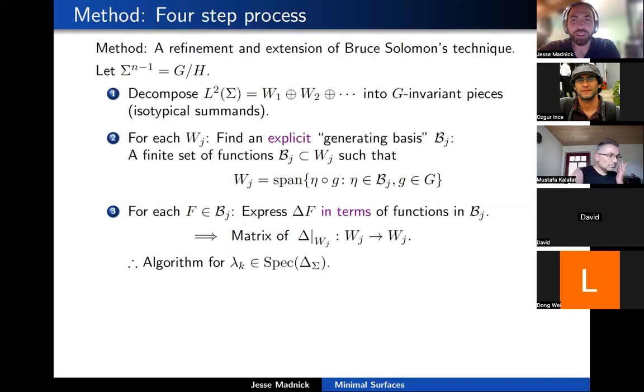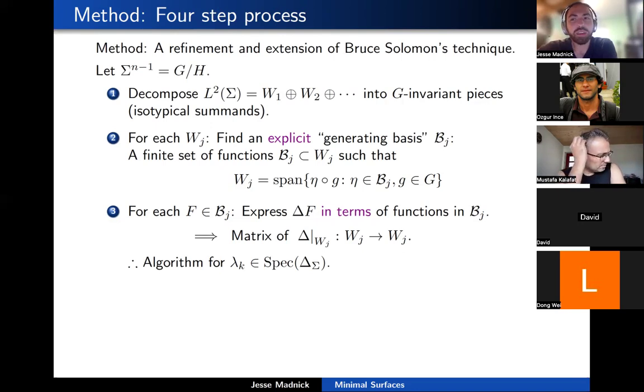That is actually quite non-trivial. It's one of the harder things in this process, which is a bit strange, but true. But if you're able to do this, you can then express the Laplacian on Wj as a finite dimensional square matrix. And the eigenvalues of that matrix are the eigenvalues of the Laplacian on that piece.